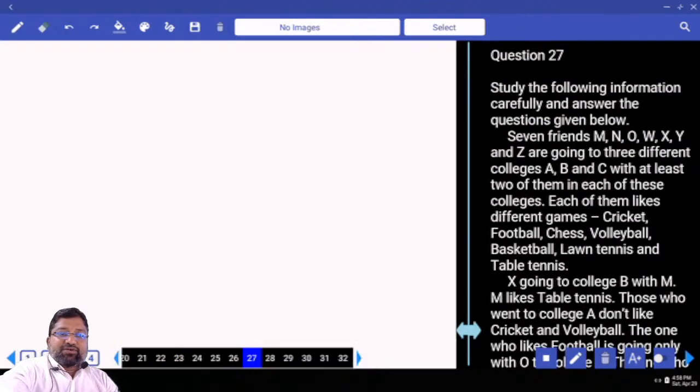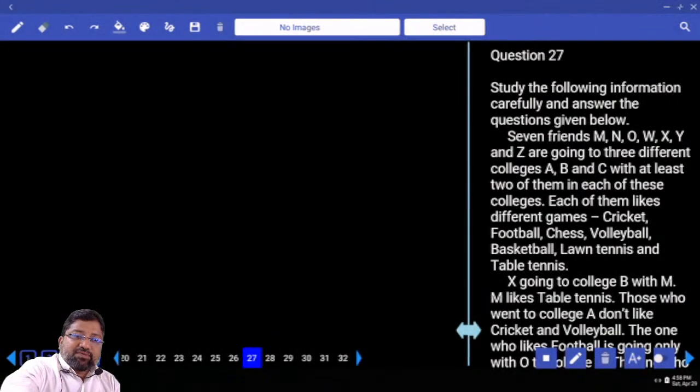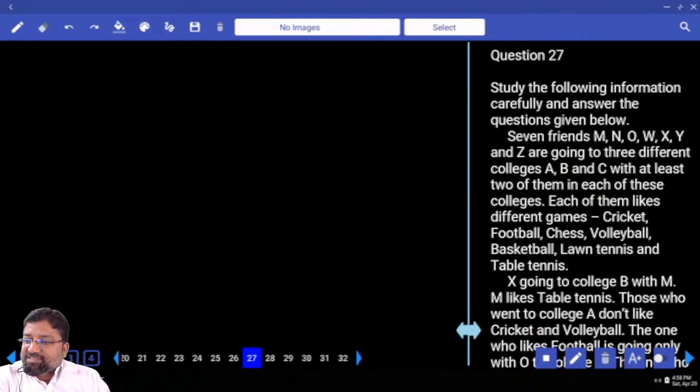How many friends according to the question? And what are they doing here? Go to 3 different colleges, A, B and C, with at least 2 of them in each of these colleges. How many friends? And they are going to how many different colleges? 3 different colleges, and with at least 2 of them in each of the colleges.